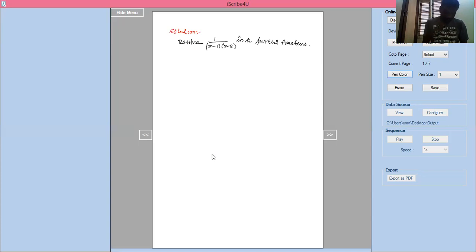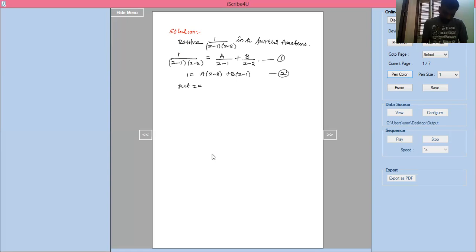Now I'll write 1 divided by z minus 1 into z minus 2 equal to a divided by z minus 1 plus b divided by z minus 2. Now if you cross multiply, you will get a into z minus 2 plus b into z minus 1. So this is equation 1, this is equation 2.